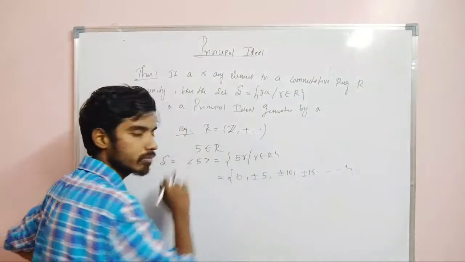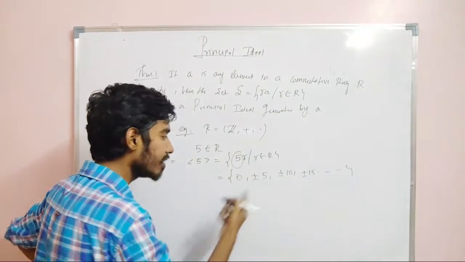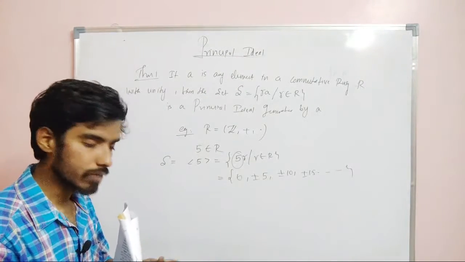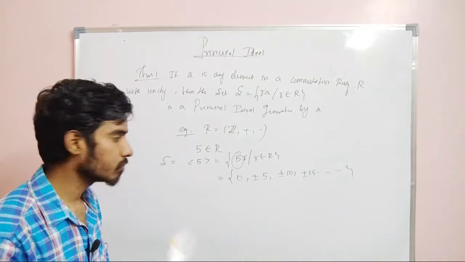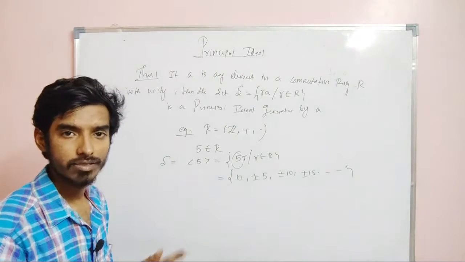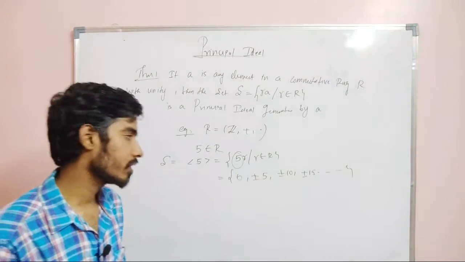And this will be a principal ideal because we can generate the entire set with 5, and also it is an ideal. For an ideal we need to show that first it has to be a subgroup with respect to addition, and that rS and Sr should be in S. Surely they will be in S, because they are multiples of 5.